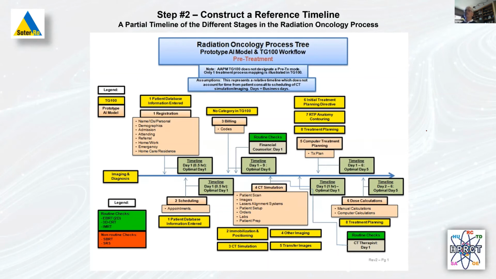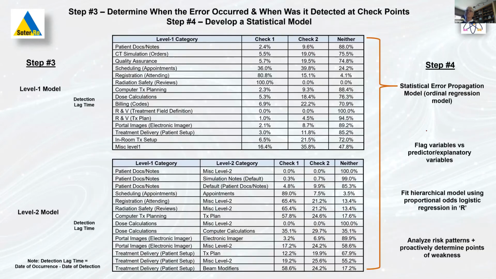So then if we look at a process where we determine where the error occurred and predict where it was found, if we don't know, or if the software allows and they put in the date, which the newer software does ask, then we can determine a lot of information.